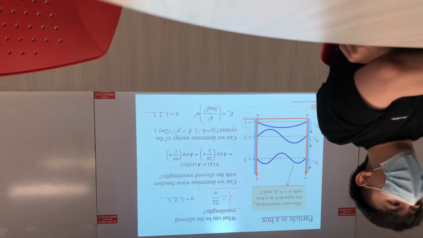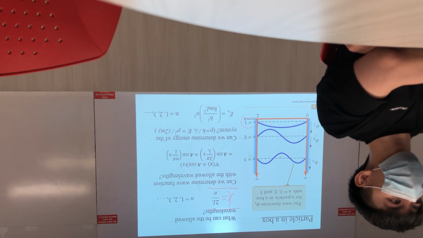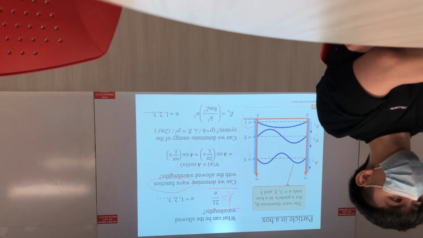Then we want to define the wave function for these behaviors. Because this is a wave function, you can come up with a combination of sine and cosine, but we also want to make this mathematical expression simpler.